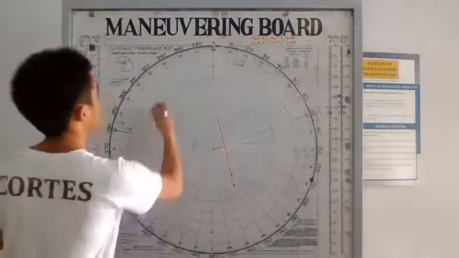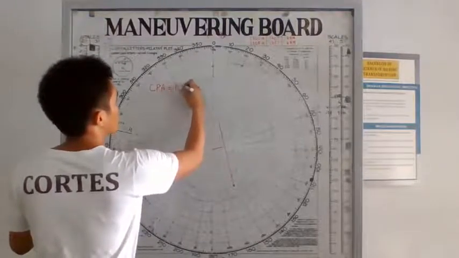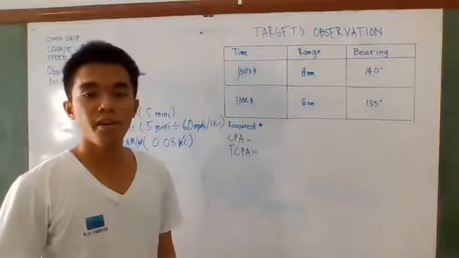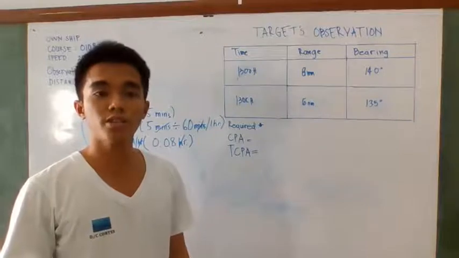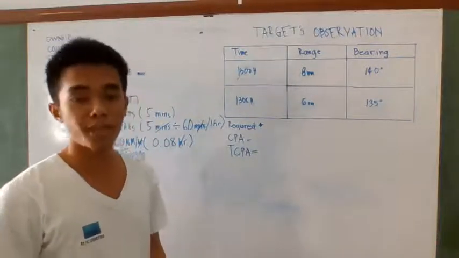Now, we will get our CPA of 1.8 nautical miles.